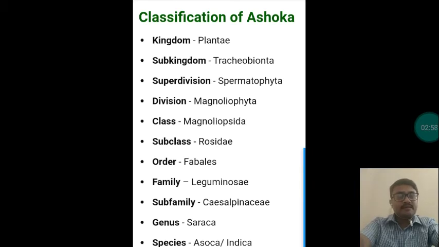You can write any one, family or subfamily. Genus is Saraca, species both Ashoka and Indica, both are correct.